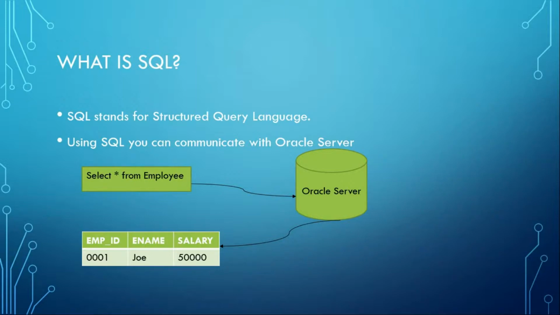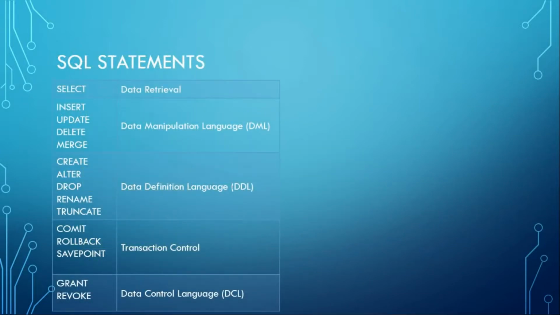And SQL is also ANSI standard, and it is a standard language for querying most of the relational databases. SQL has a few statements that are used to retrieve and manipulate the data, and SQL has some advantages as it is very efficient and easy to learn and use.